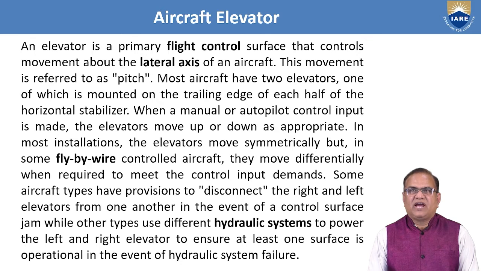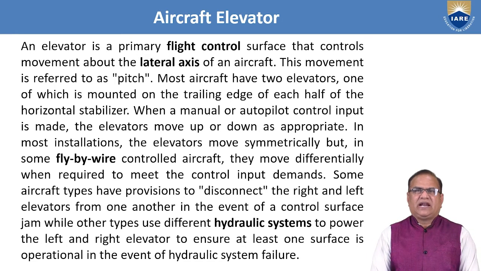When a manual or an autopilot control input is made, the elevator moves up or down as appropriate. In most installations, the elevator moves symmetrically, but in some fly-by-wire control aircraft, they move differentially as required to meet the control input demand.